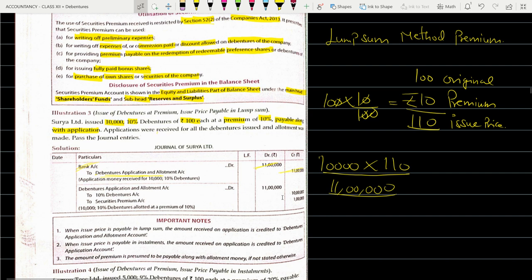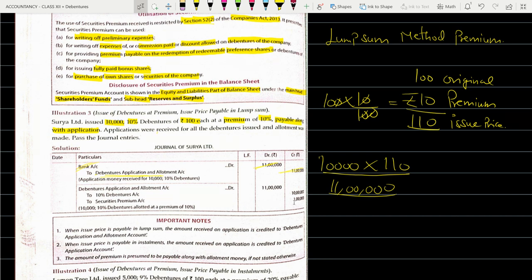Yes, sir. Okay, just tell me, even in this case, you don't find the date of issue of debenture, and that's the reason they have not mentioned the date in the date column. Even in this problem, you neither have the issue date nor the allotment date. At least in the previous segment, you had the issue date.